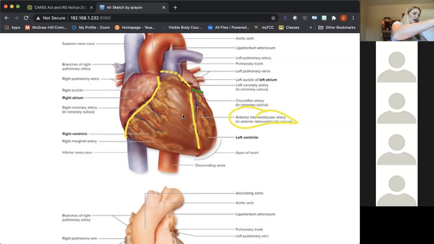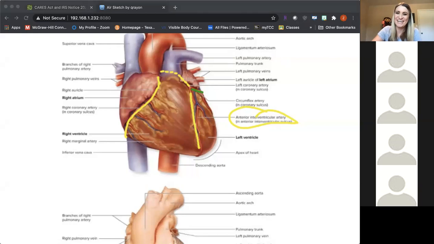So the arteries that you see in the coronary sulcus are the left coronary artery, the right coronary artery, and the circumflex artery, so three arteries, and then the coronary sinus for the vein. Those are in the coronary sulcus. And yeah, so that's that.